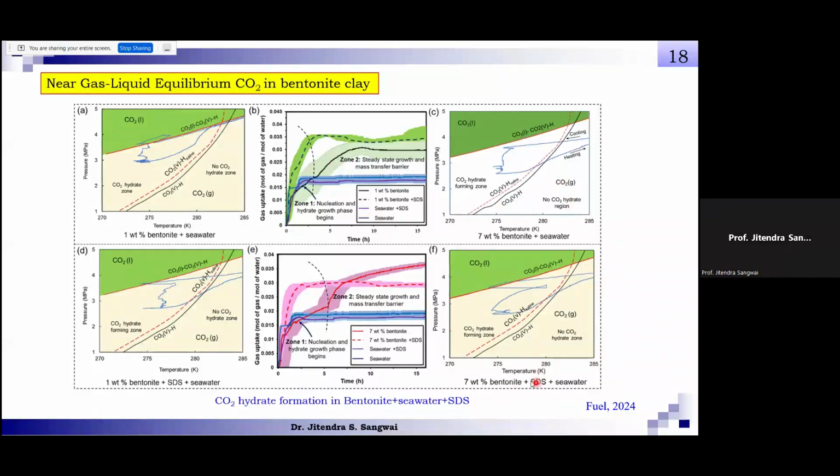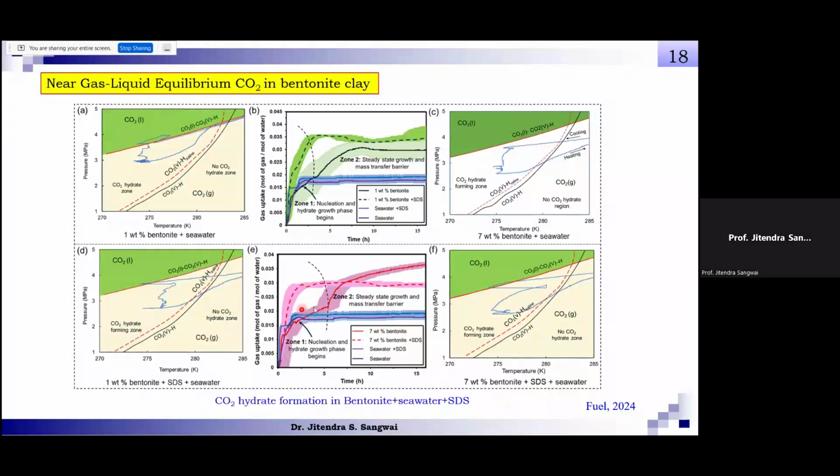Like here you have these surfactants, for example, sodium dodecyl sulfate. And it has been observed that when you use some of these surfactants, they may promote hydrate formation. You can see that in this figure, you have the seawater. This is a line over here. And when you have seawater plus SDS, you can actually see the gas uptake.